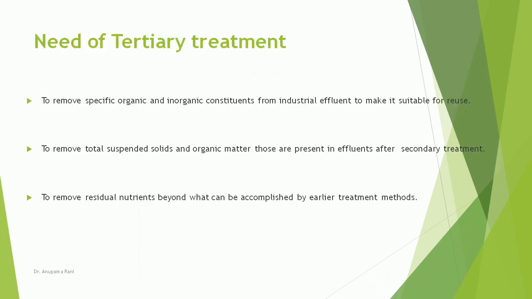Let's understand why it is needed. To remove specific organic and inorganic constituents from industrial effluent to make it suitable for reuse. To remove total suspended solids and organic matter that are present in effluents after secondary treatment. To remove residual nutrients beyond what can be accomplished by earlier treatment methods.